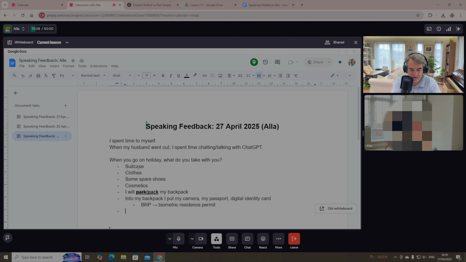Okay. So previously we were issued a physical identity card, but recently we now have a digital identity card.